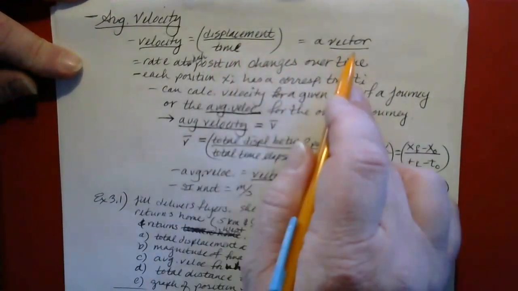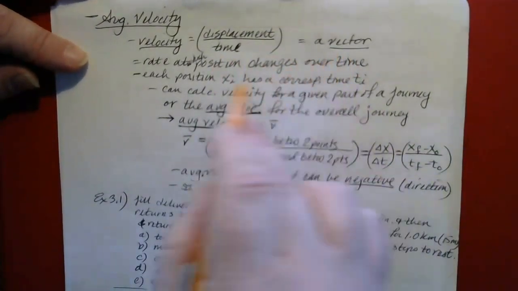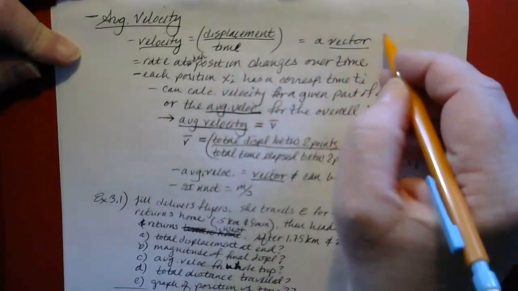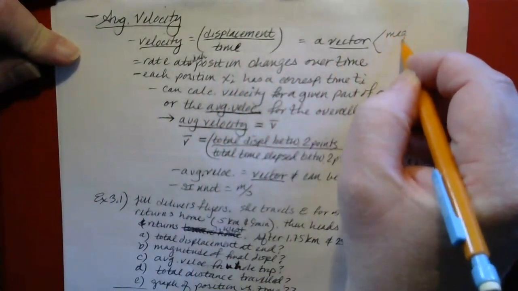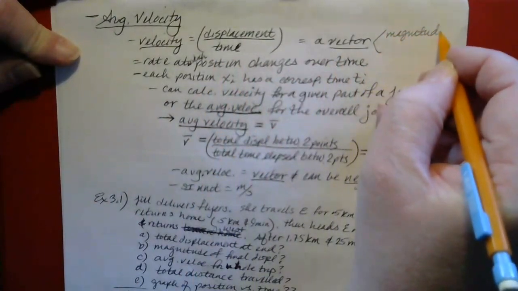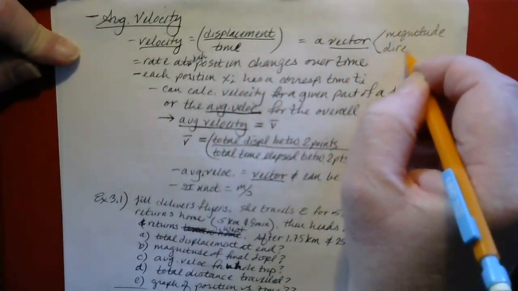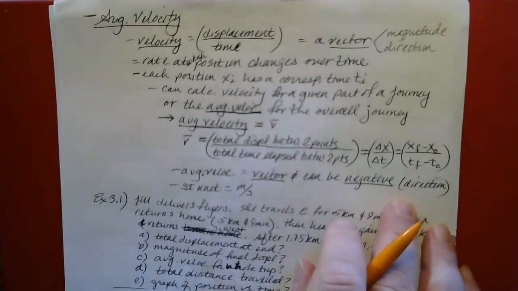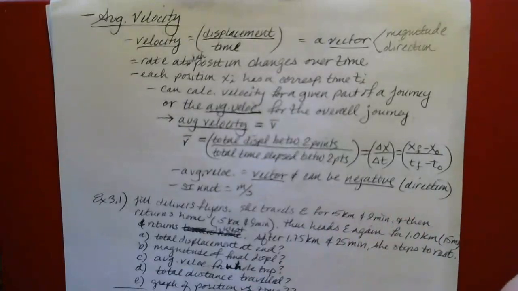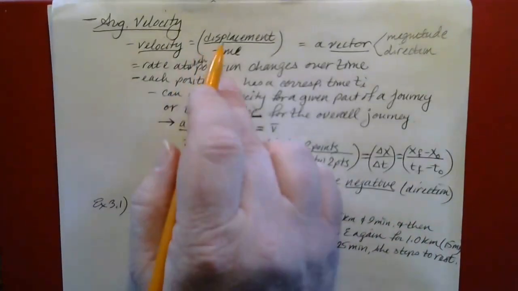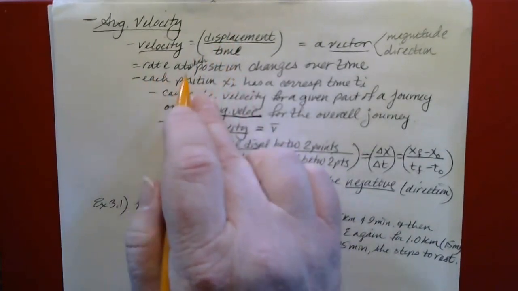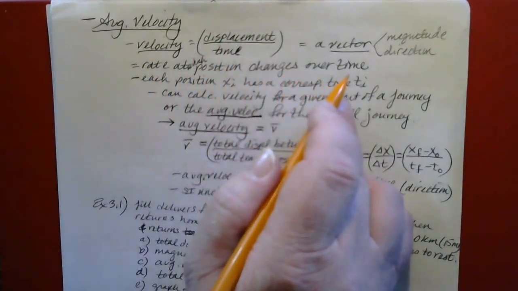And velocity is a vector, as we've discussed before, and so it does have a magnitude and direction. And because of that, velocity can be negative. So velocity, as we said, is displacement divided by time. You can think of it as the rate at which the position changes over time.